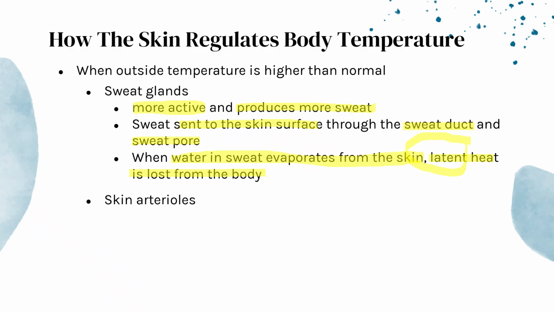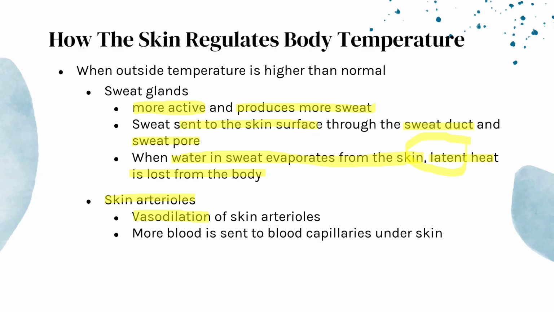On the other hand, you realize that when you are very warm, your face or your body will become very red, correct? That is because of the skin arterioles. So the second thing to write is on skin arterioles. The skin arterioles will vasodilate. The diameter of the skin arterioles will become bigger, and because the skin arterioles expand in diameter, more blood can be sent to the blood capillaries under the skin.